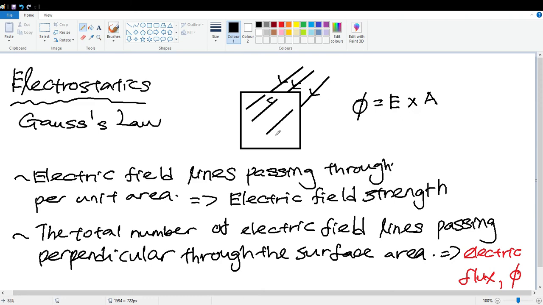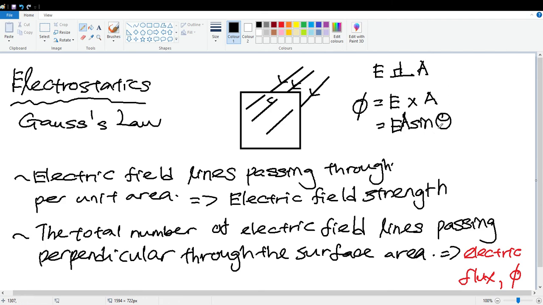So for example, this is the metal plates. This is the cross product. It means that the electric field lines are perpendicular to the surface area. Or we can write it in another form, which is EA sine theta.